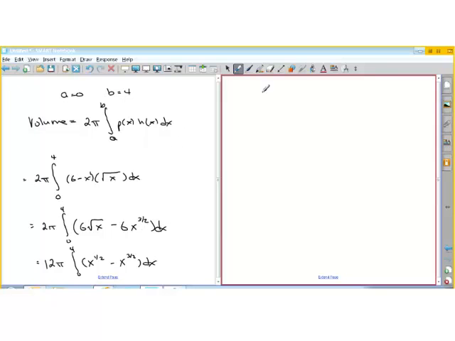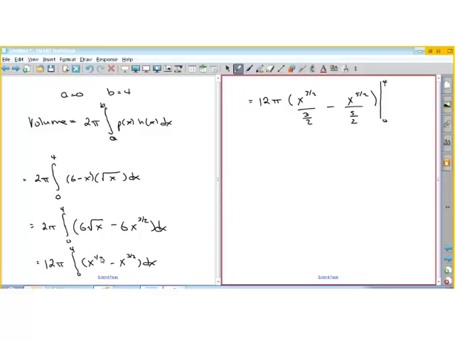Okay, now we integrate. And even though it's not an integer exponent, it's still a power. So we get x to the 3/2 divided by 3/2, and then we subtract x to the 5/2 divided by 5/2. And we evaluate that between 0 and 4.